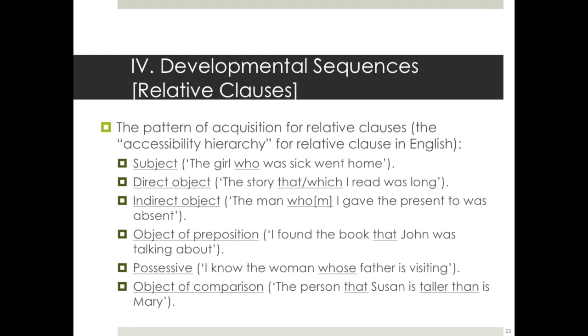They will never produce in their output or in their production of language relative clauses like possessive relative clauses before first having subject type or direct object type. So there is a suggestion that you can never expect a learner to have knowledge of more complex relative clauses if they have not acquired or learned the easy ones, which are at the top end of the sequences.